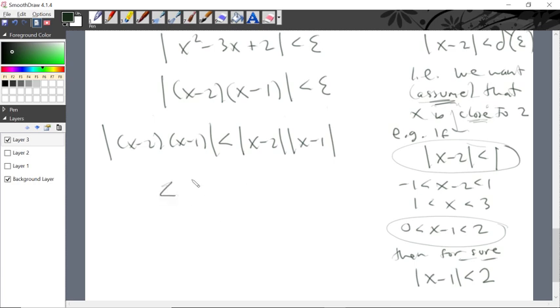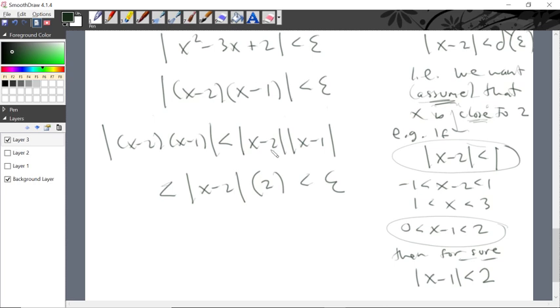But that is less than the absolute value of x minus 2 times 2, because the absolute value of x minus 1 is no more than 2. And we already said that this is no more than epsilon, so all of this is bounded above by epsilon.